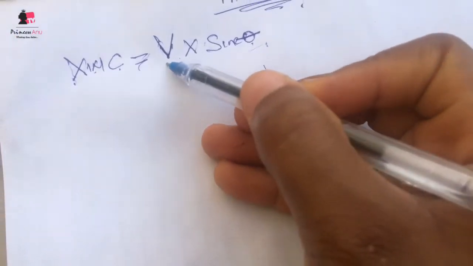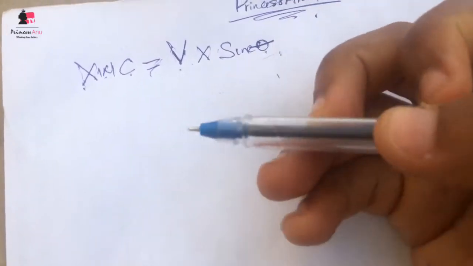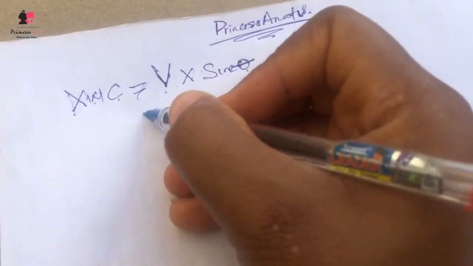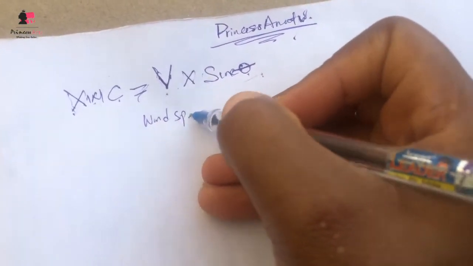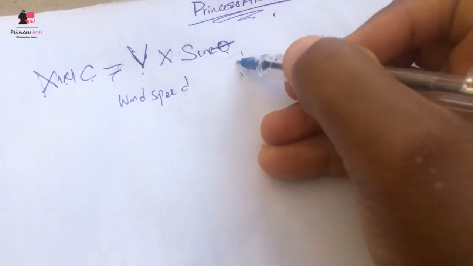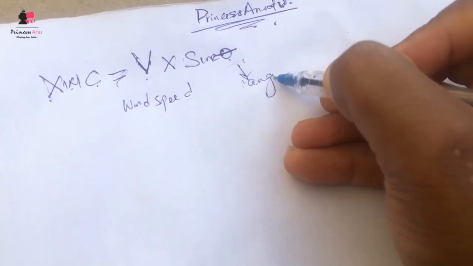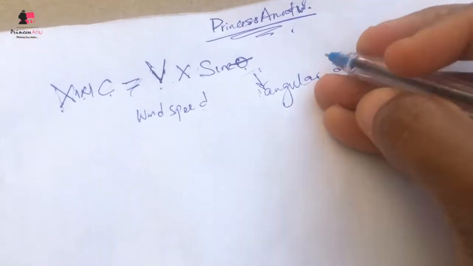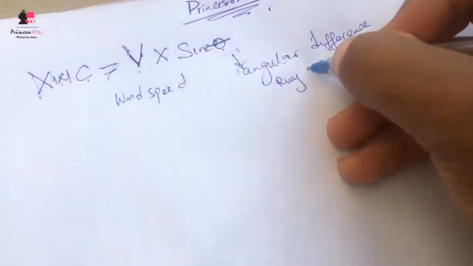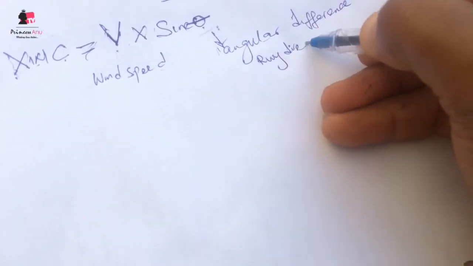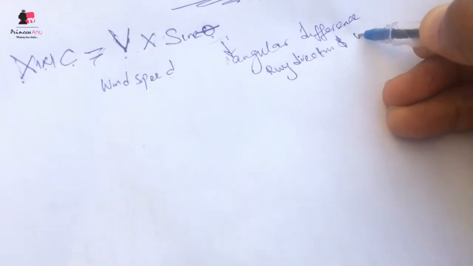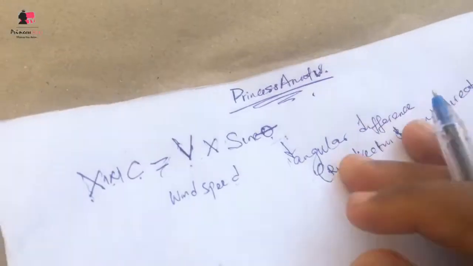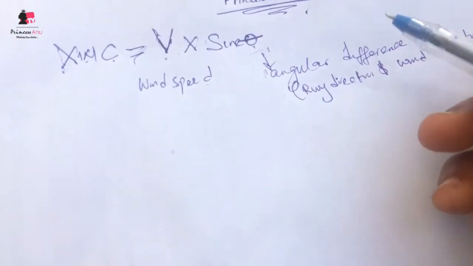First of all, this velocity, same thing as speed, is going to be defined as the wind speed, while this sine theta is the angular difference between the runway direction and the wind direction.